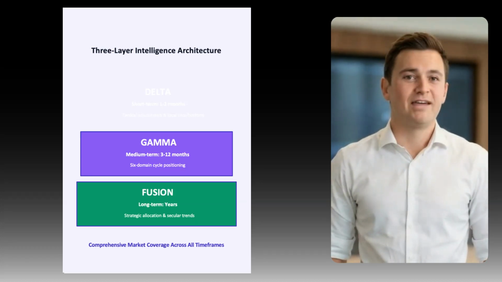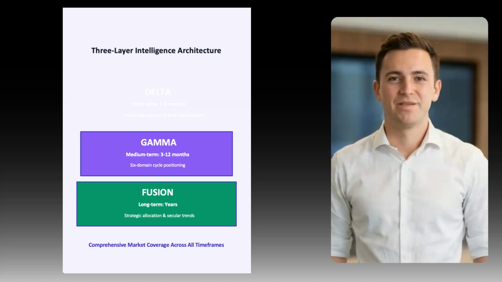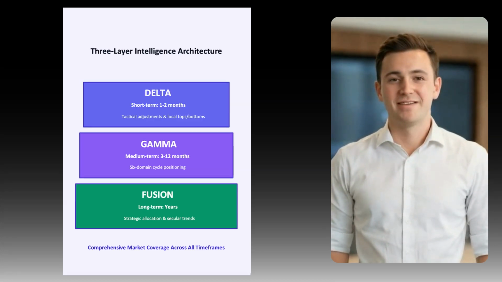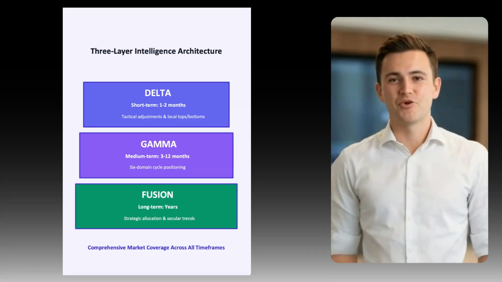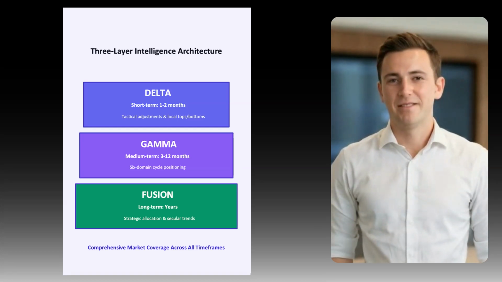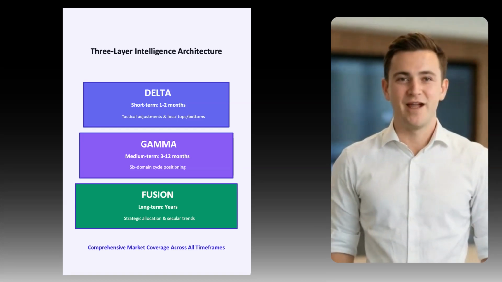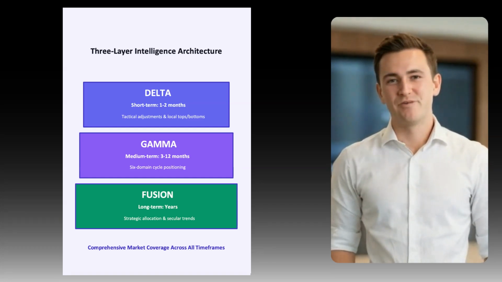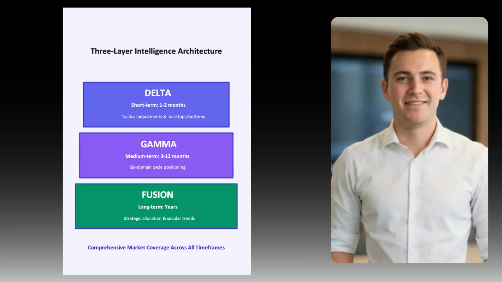Layer 2. Gamma, the macro cycle stage. Is the market healthy or showing cracks? Layer 3. Delta, short-term fragility and turning points. Is stress building or declining? This isn't guesswork. This is how hedge funds and institutional investors analyze markets. And now, it's available to you for $39 a month.